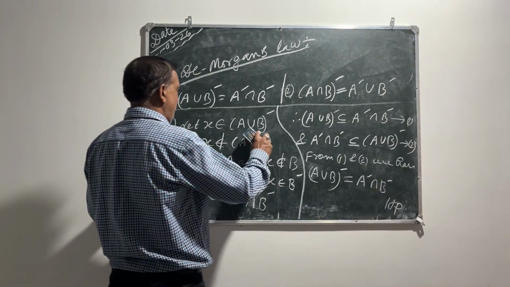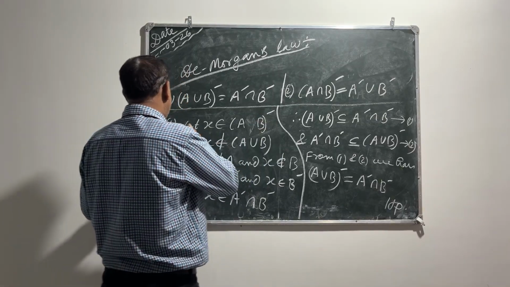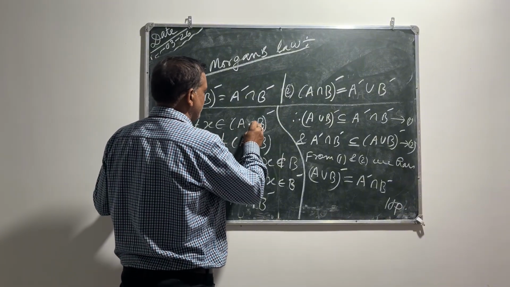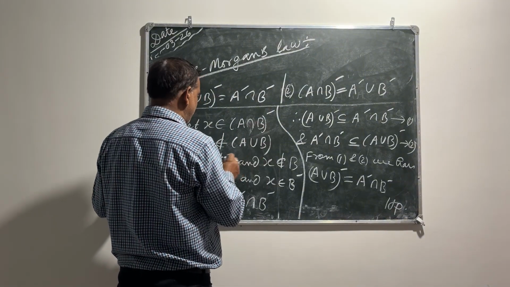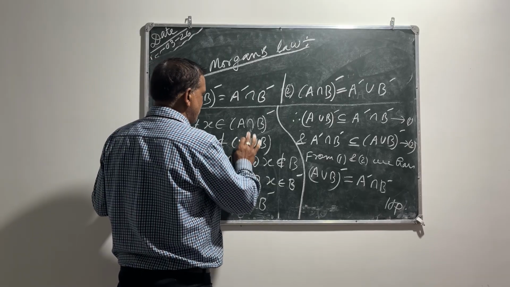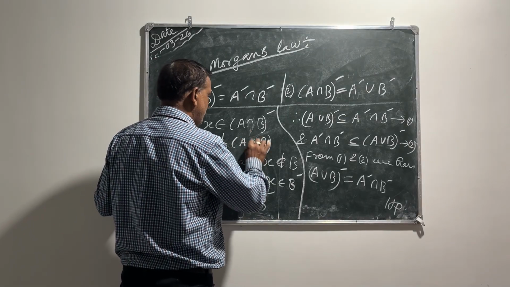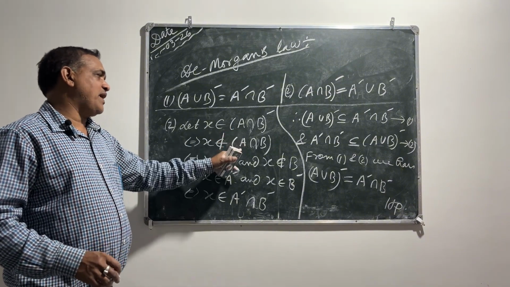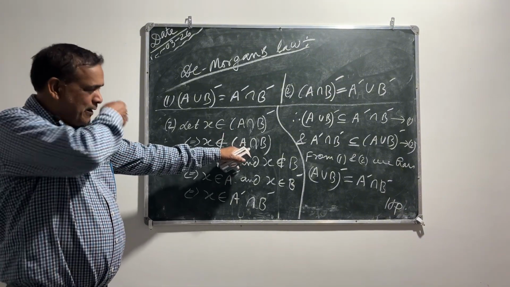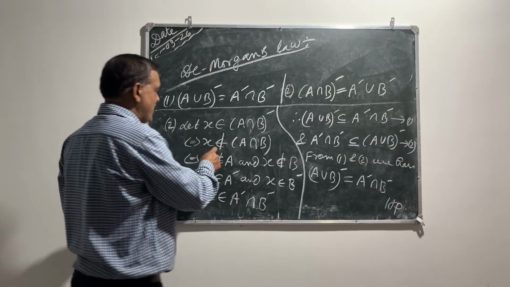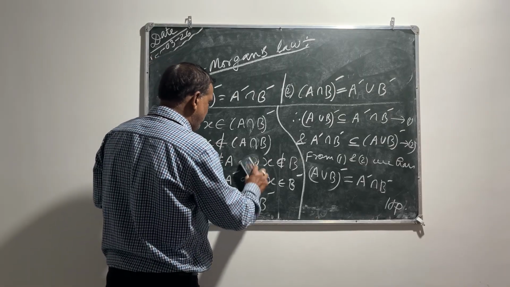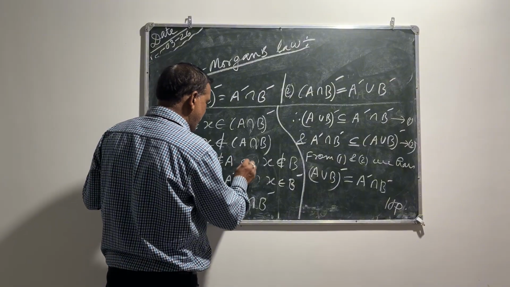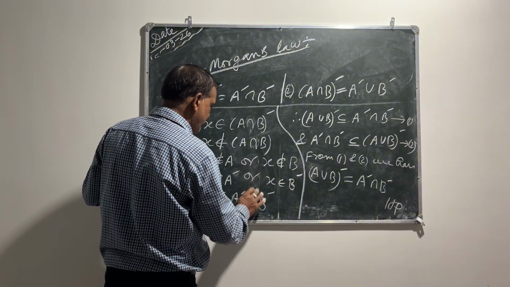So let us study the second one, proof. Let X belong to (A intersection B) whole complement. If it belongs in the complement of these, then it cannot exist in their intersection. And in case of does not belong, intersection can be replaced by or.